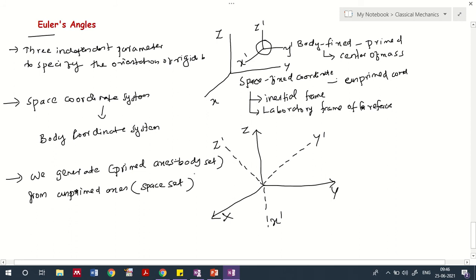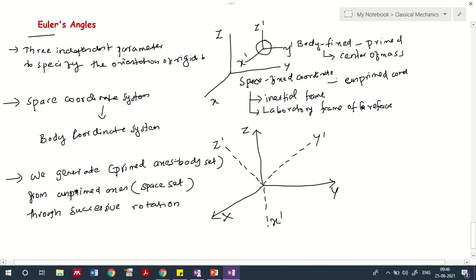So how do we do that? How do we create a body coordinate system from a space coordinate system? For that, we need to do successive rotations. It means a continuous rotation through three angles, basically.